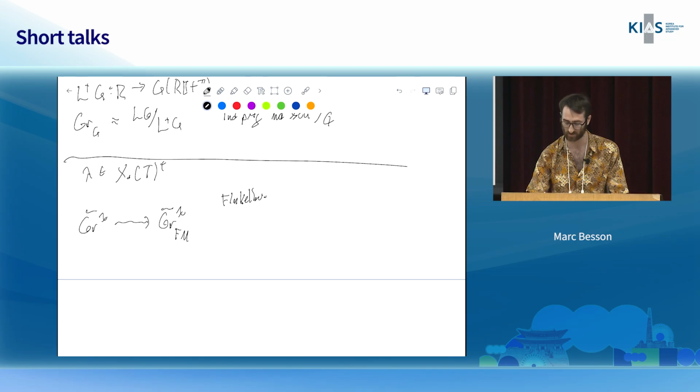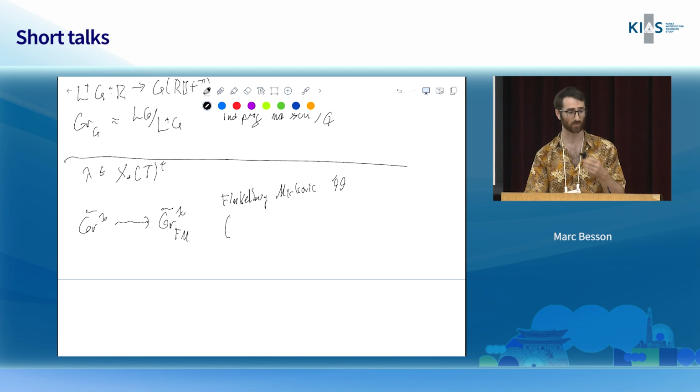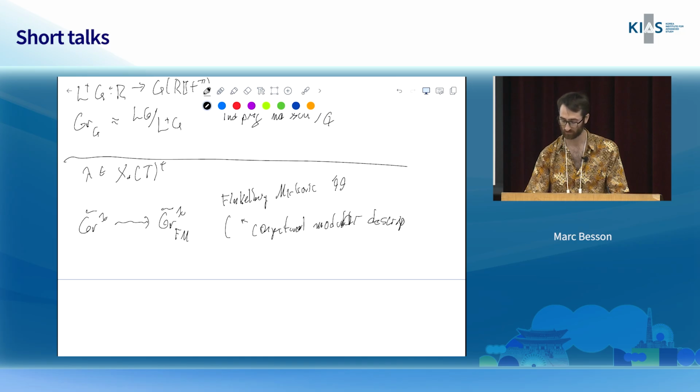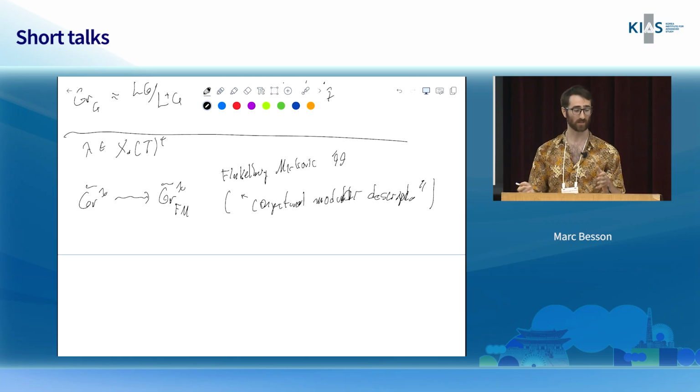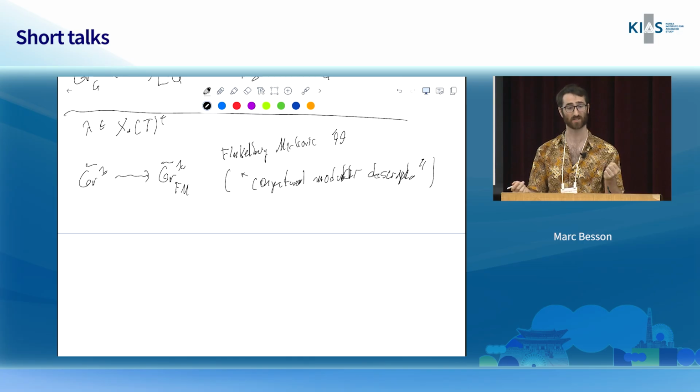These were introduced by Finkelberg and Mirkovic basically in about 99. And these are often also called the conjectural modular description of affine Schubert varieties. And these are both projective subschemes of the affine Grassmannian of finite type over C.